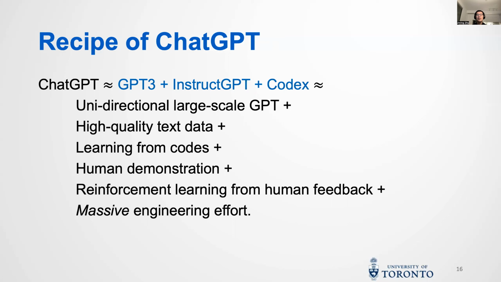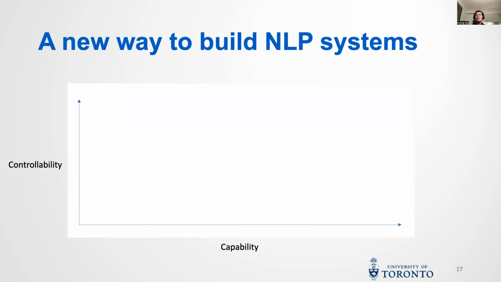In the next few slides, I'm going to describe how the development of large language models, for example, the GPT families, will improve natural language processing systems, and whether the GPT family models are able to solve the so-called general intelligence problem. There are some ways to build natural language processing systems.